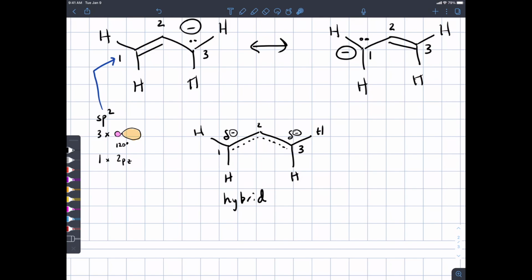If carbon 1 is Sp2 hybridized, tell me what orbital on carbon contributes to this sigma bond between carbon and hydrogen. Where do we get the sigma bond between carbon and hydrogen? Which of the atomic orbitals on carbon contribute to that bond?